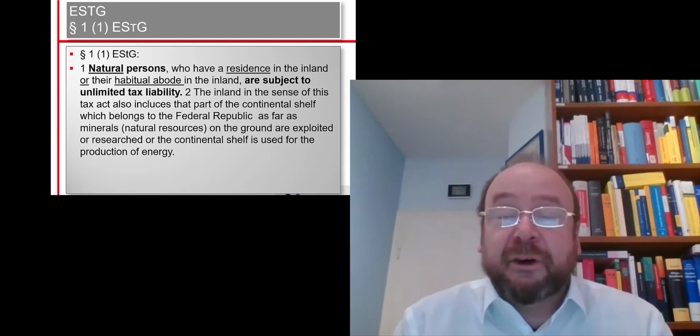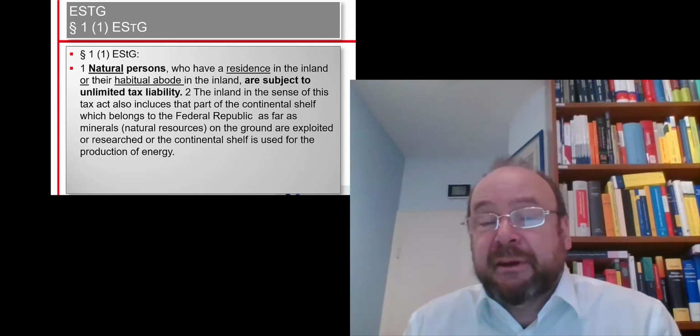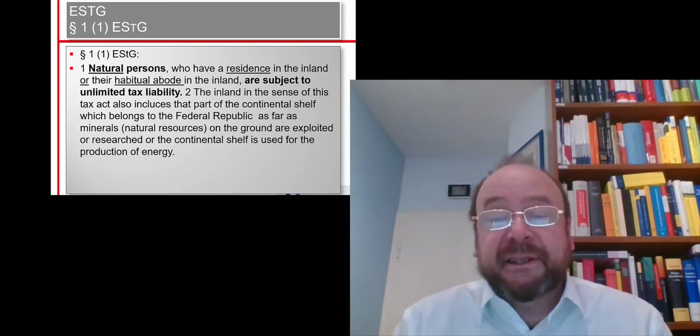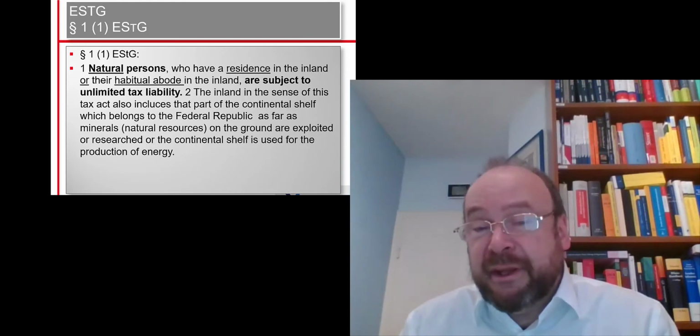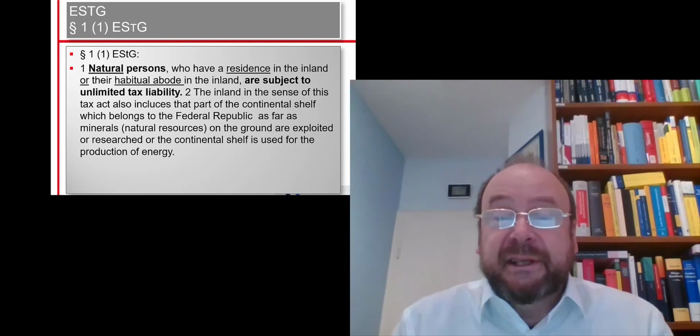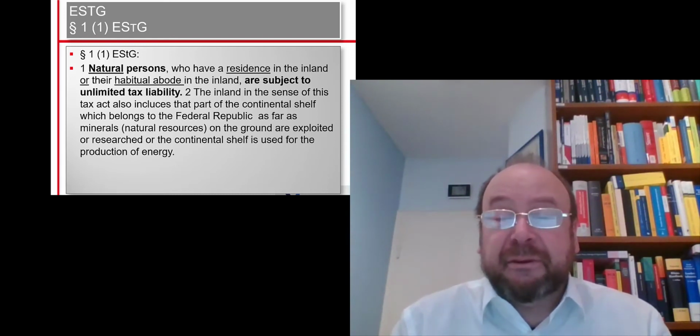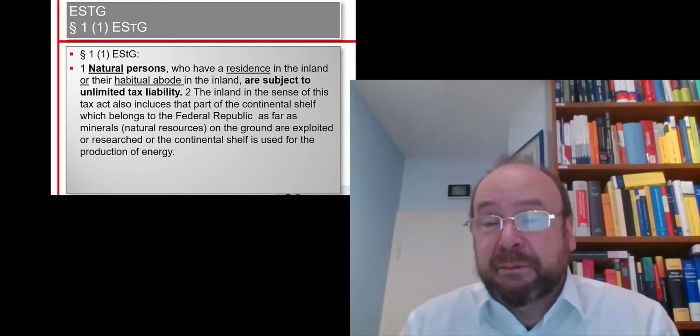The other ones are corporation tax subjects. Natural persons who have a residence in the inland or their habitual abode in the inland are subject to unlimited tax liability. So you see clear conditions. You must be a natural person and you must either have a residence or a habitual abode.